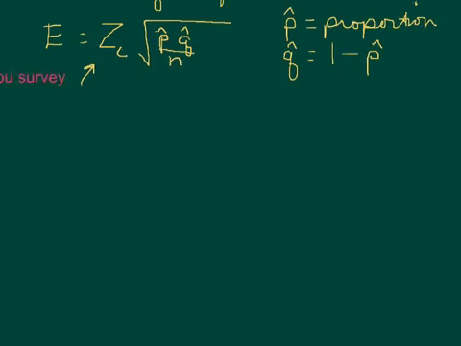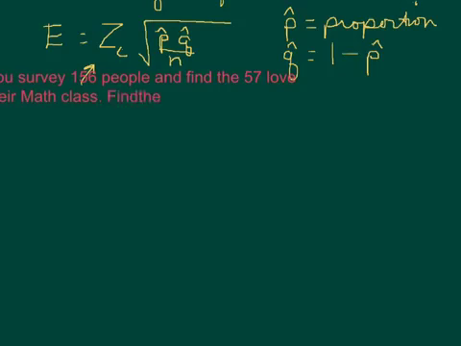You survey 156 people and find that 57 love their math class. Find the 95% confidence interval for the population proportion.